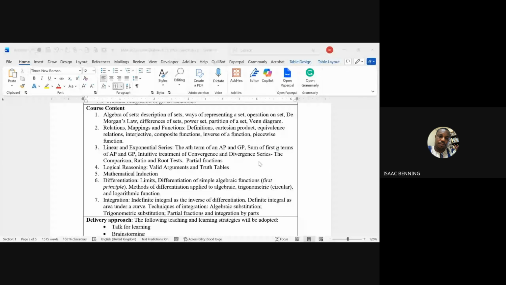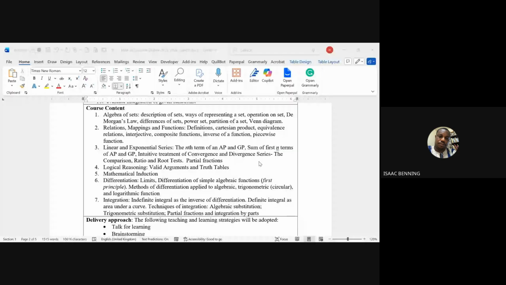Then unit 2, we will consider relation, mapping, and functions. Under that, we'll look at definition, types, Cartesian product, equivalent relation, injective, composite function, inverse of a function, then piecewise function.